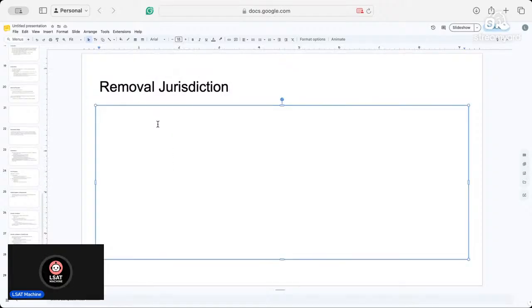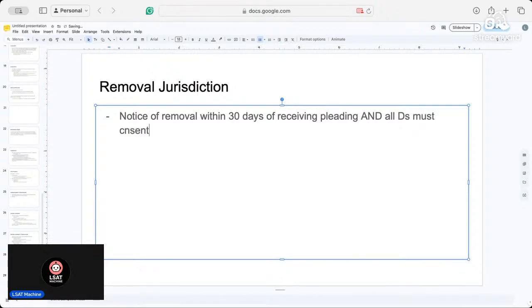I'm going to say you have to file a notice of removal within 30 days of receiving the pleading, and all defendants must consent.